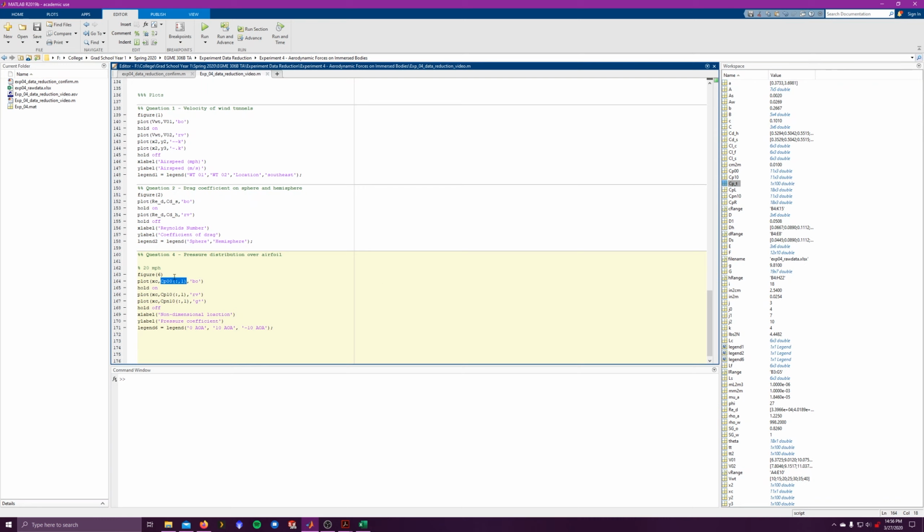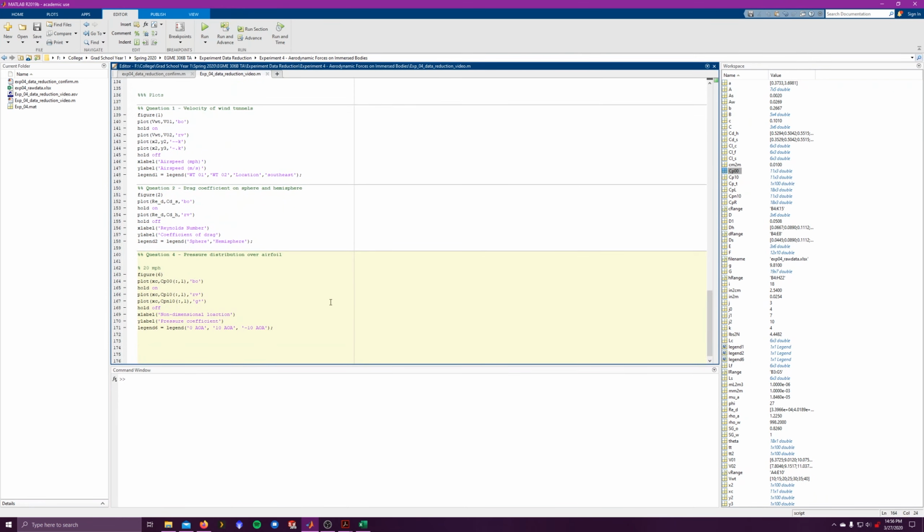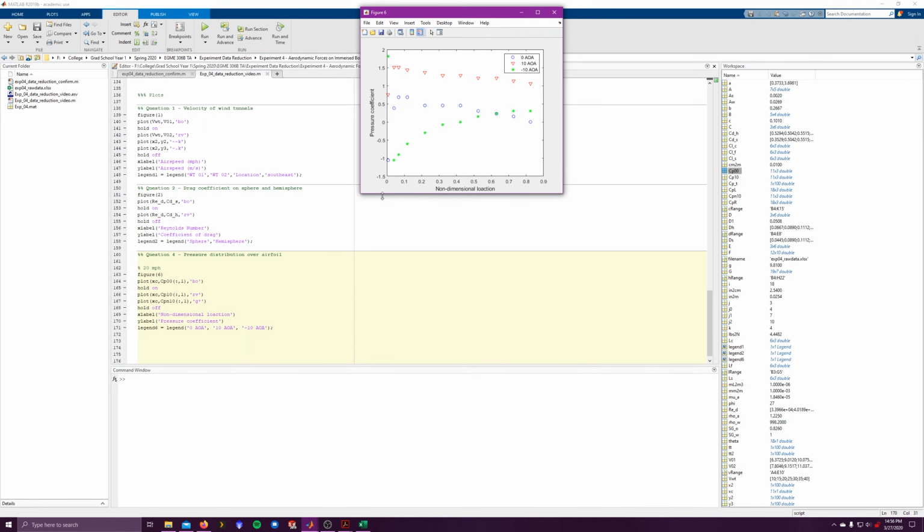I have this (1), and that's corresponding to my 20 miles per hour. So if I go here, CP00, we have all of our 11 taps, and then we have 20 miles per hour, 30 miles per hour, 40 miles per hour. Okay, and then I have a legend once again. If I run this, now I have this graph here.